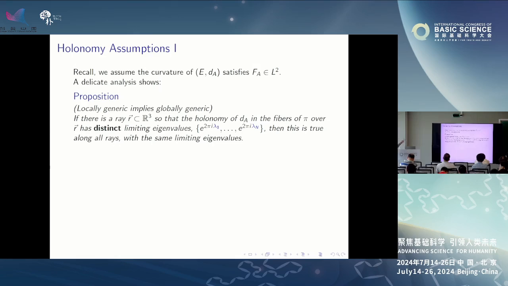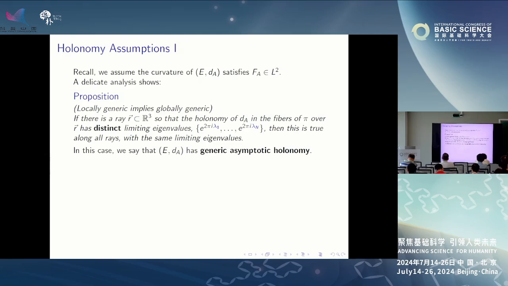If you have a single ray in R3, so if the holonomy of the connection in the fibers of our Taub-NUT projection, that's a small pi, not a big pi, over that ray has distinct limiting eigenvalues, say e^{2 pi i lambda_1} through lambda_n, then in fact along any ray you limit to distinct eigenvalues, and the limits are all the same.